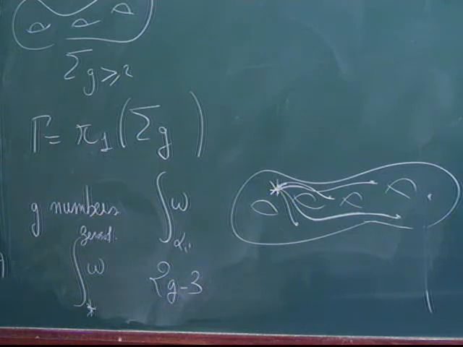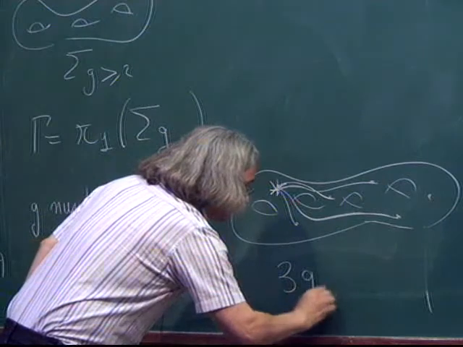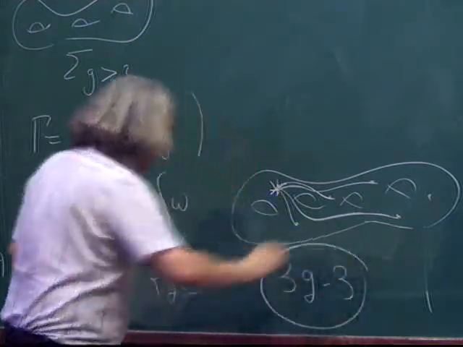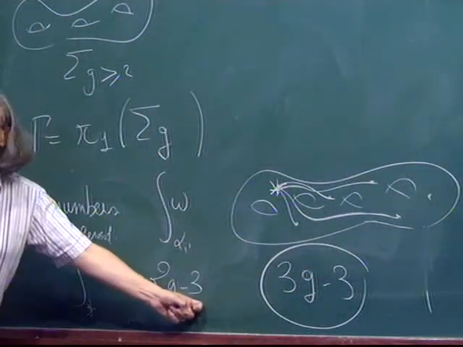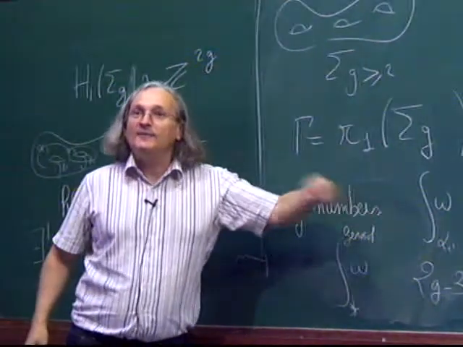So this is just a recipe. I give you a Riemann surface. I give you some homotopy classes. And with that, you construct 3G minus 3 complex numbers: 2G minus 3 coming from the integrals between two zeros of omega, and G coming from the periods of this omega on the missing curves.